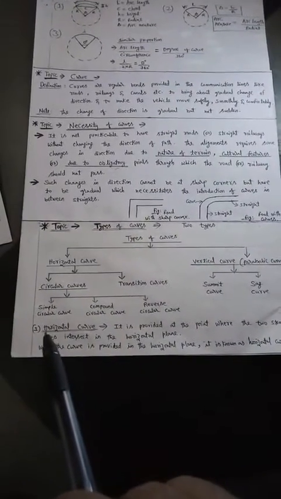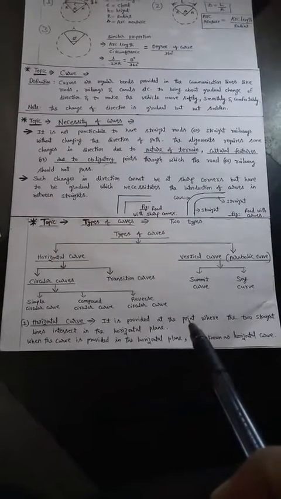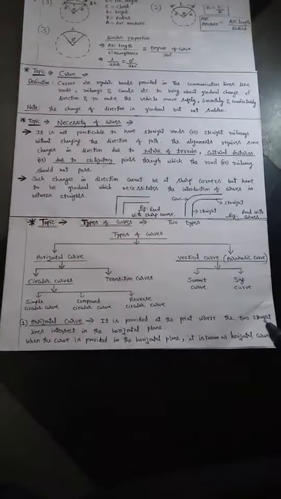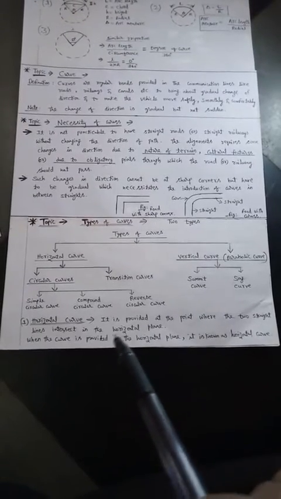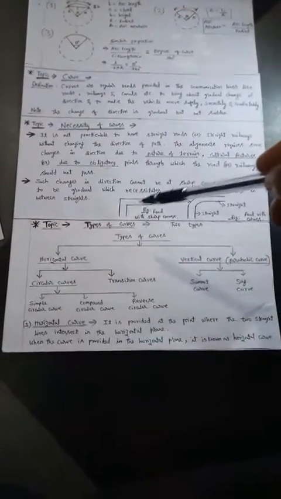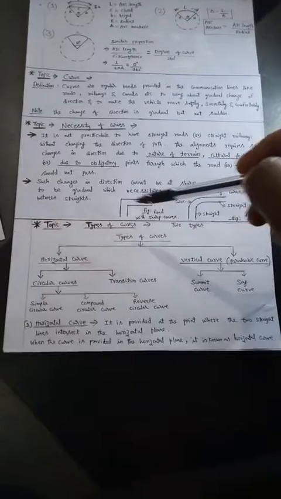First of all, what is a horizontal curve? It is provided at the point where two straight lines intersect in the horizontal plane. See in this figure, this is one straight line, this is the other straight line.